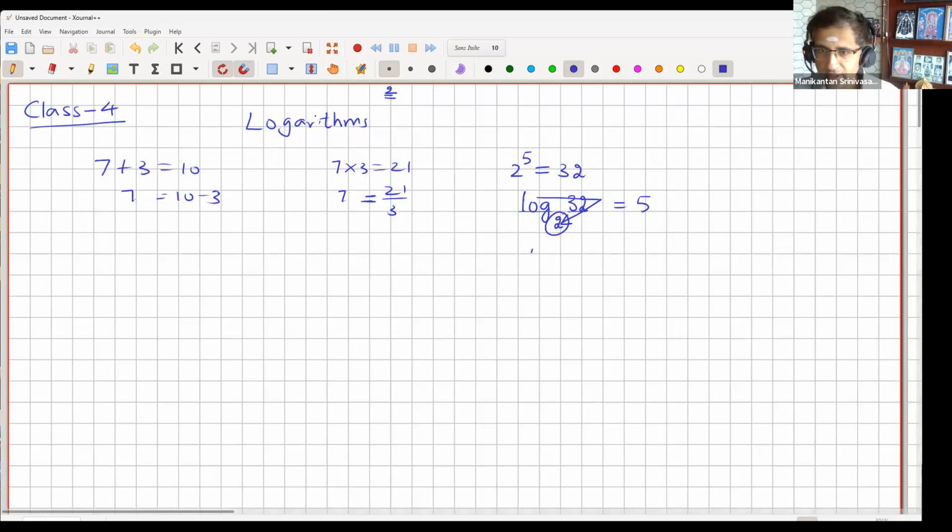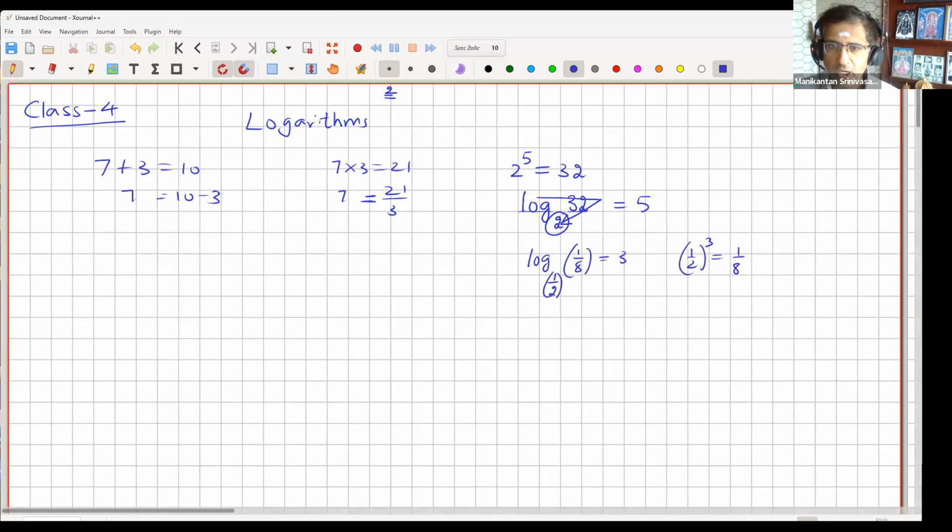So essentially another way of conveying that 2 to the fifth power is 32. Okay, so log 1 by 8, for example, to the base half would be 3, because half power 3 is 1/8.